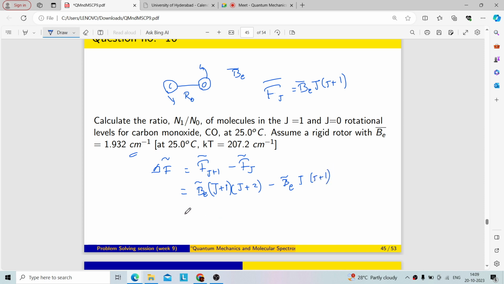So this will give me 2 times Be tilde J plus 1. Okay, so this is the change in energy.